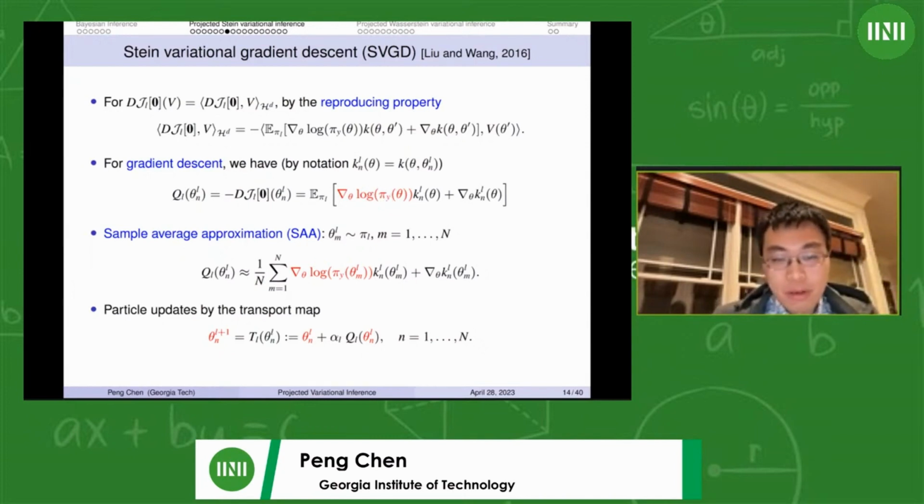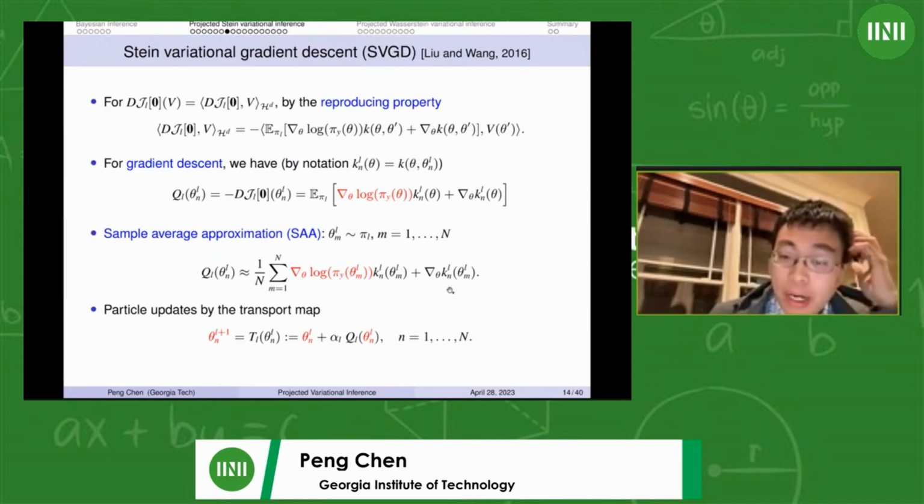Essentially here you have an expectation with respect to the current density, so you can use a sample average approximation with the current particles. You have the average over all these particles, and you can plug it in here. So at every time step, you only need to compute this gradient of the log of the posterior weighted by this kernel, and also the additional term of the gradient of the kernel.